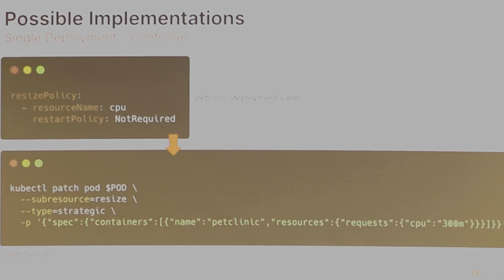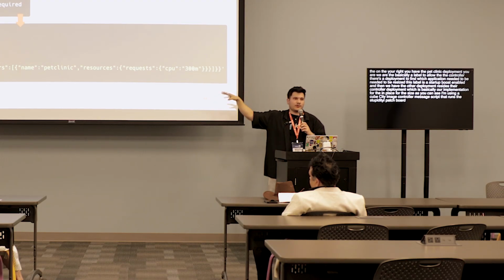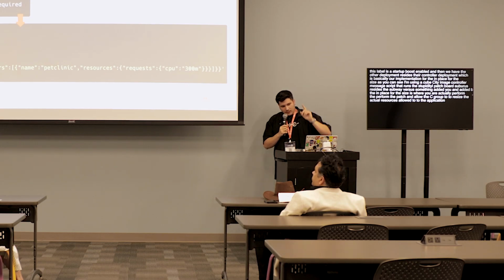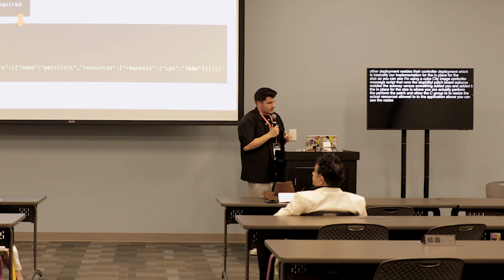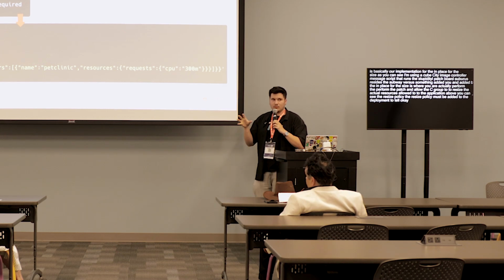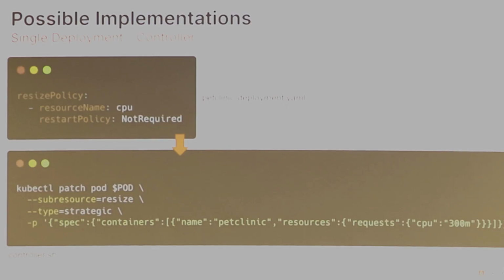This controller.sh is basically a bash script that runs a kubectl patch pod on the resize sub-resource. The sub-resource is something added by In-Place Pod Resize. It is where you actually perform the patch and allow the cgroup to resize the actual resources allowed to the application. Above, you can see the resize policy. The resize policy must be added to the deployment to tell it that when someone wants to change these resources, actually the CPU, because we are working only with the CPU, a restart is not required.